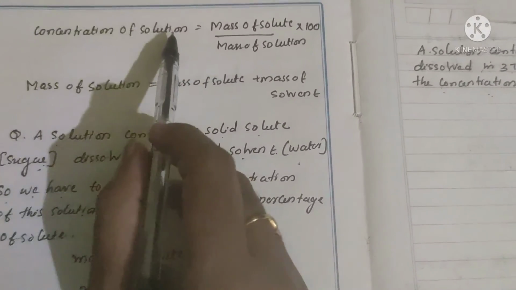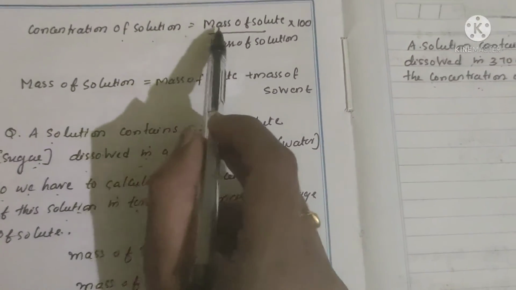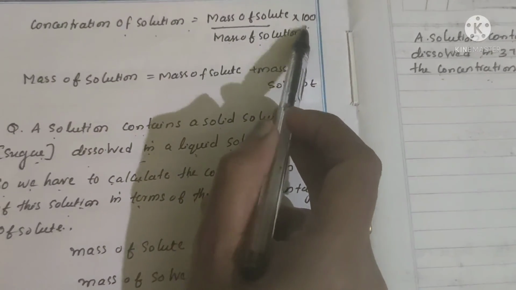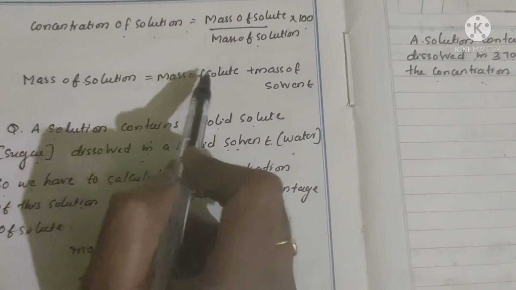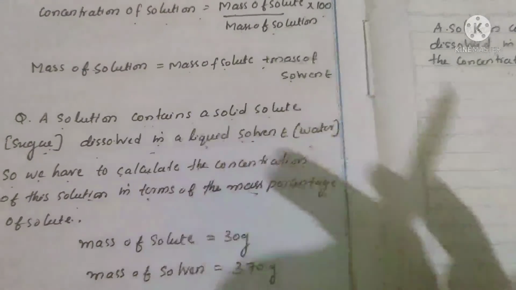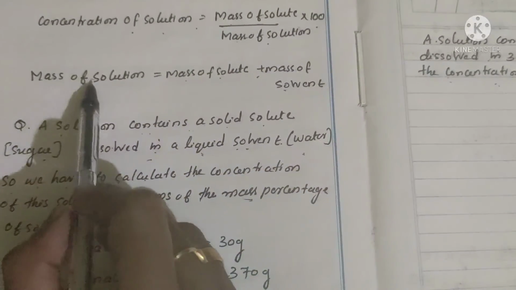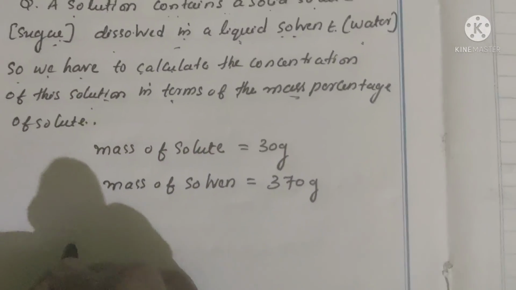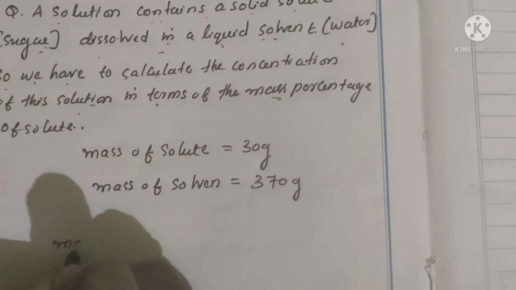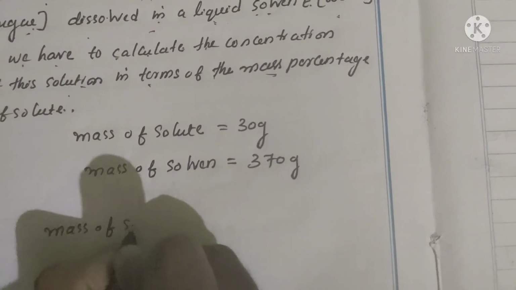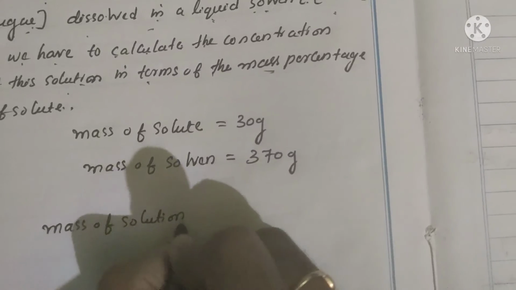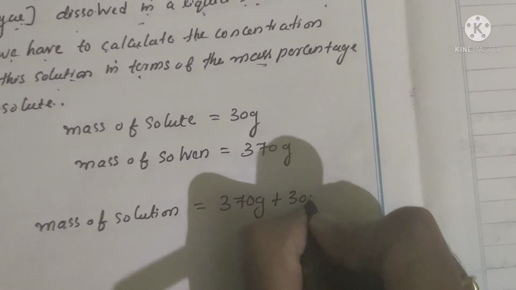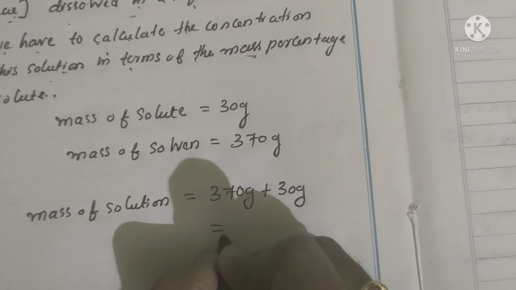The equation for that is concentration of the solution equals mass of solute divided by mass of solution into 100. And mass of solution equals mass of solute plus mass of solvent. Mass of solution equals mass of solvent, that is 370 gram, plus mass of solute, 30 gram, which is equal to 400 gram.